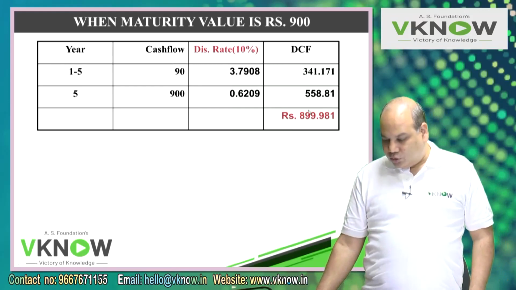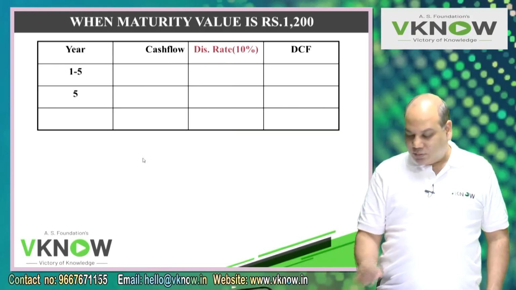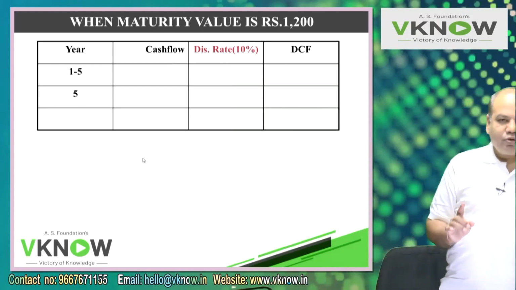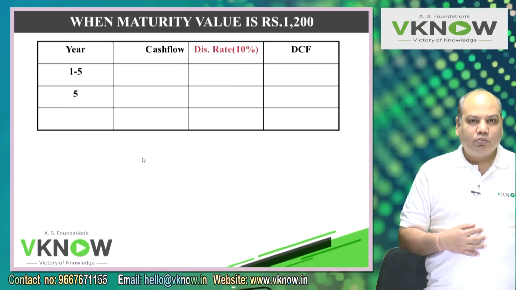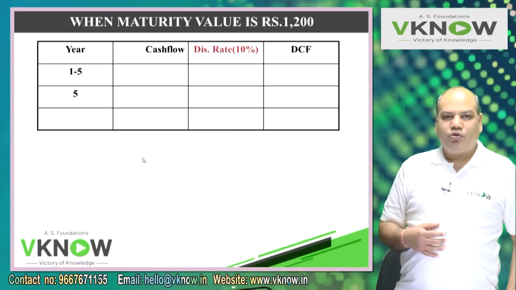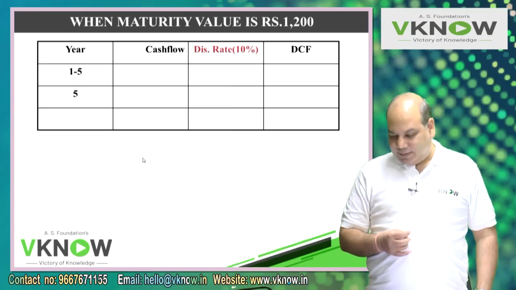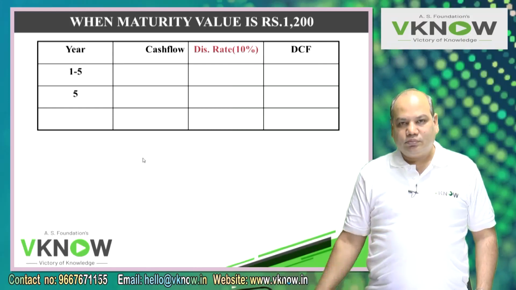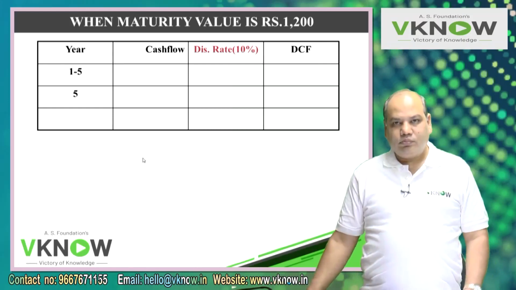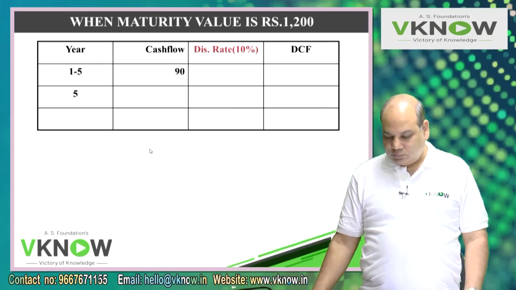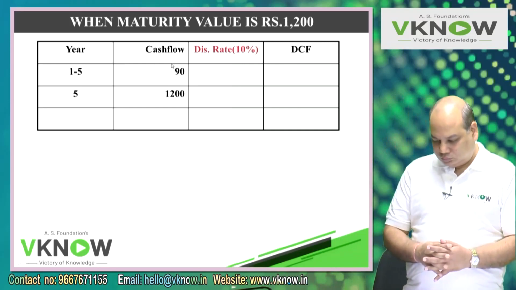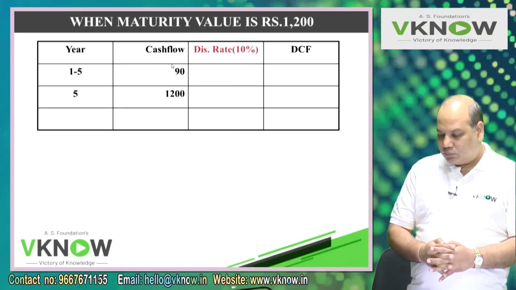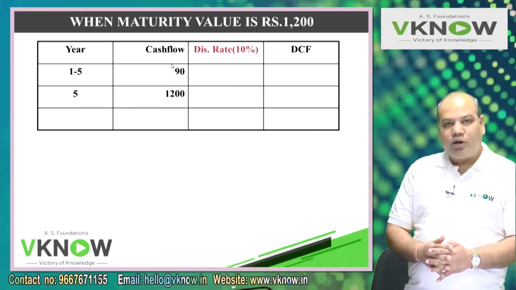Now I am going to give you a small classwork. Come on, solve case 3 when the maturity value is rupees 1200. Okay, so solve. Cash flow will be 90 and 1200.